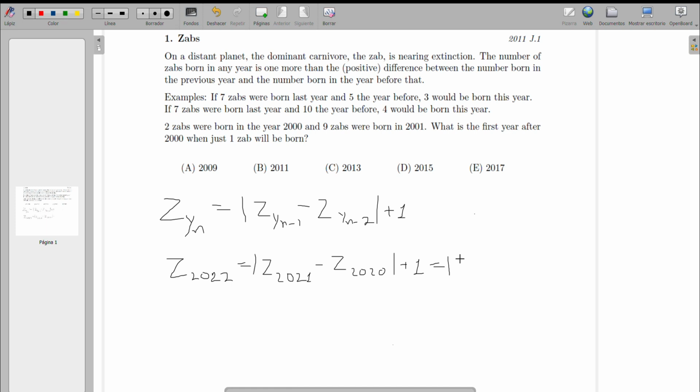Let's say that 7 sabs were born in 2021 minus 5 born the year before, that means 5 born in 2020, plus 1. That is 2 plus 1 equals 3.